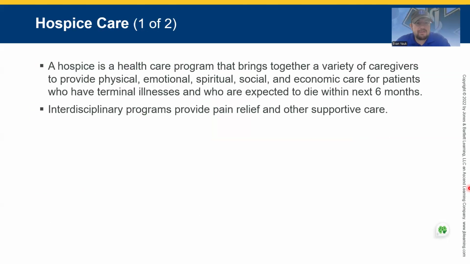So hospice care. A hospice is a healthcare program that brings together a variety of caregivers to provide physical, emotional, spiritual, social, and economic care for patients who have terminal illness and who are expected to die within 6 months.